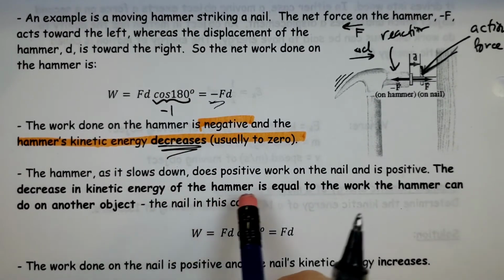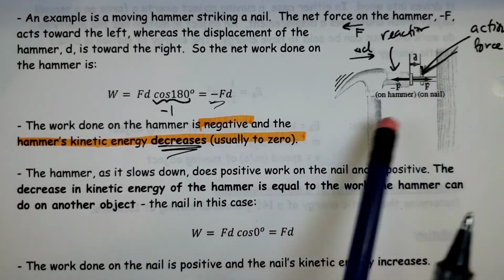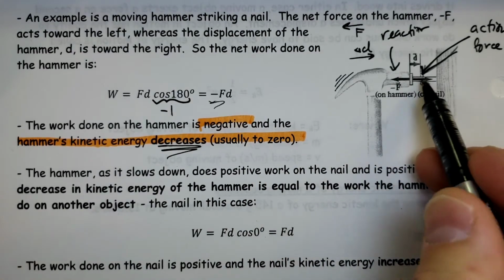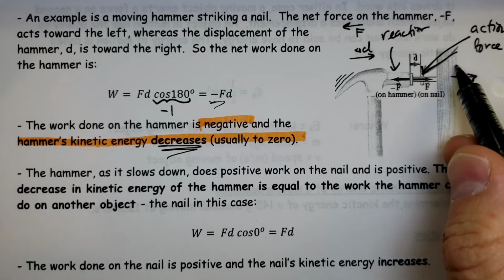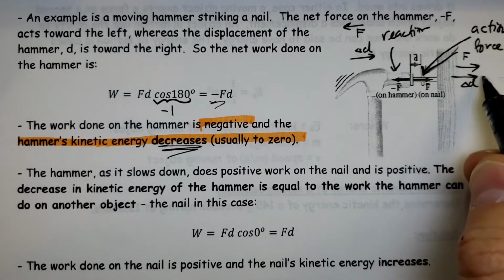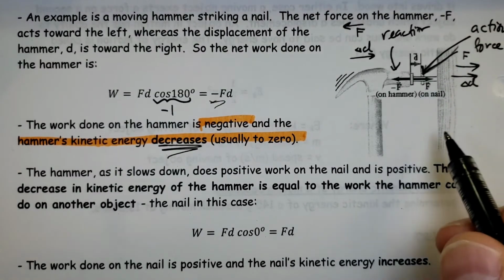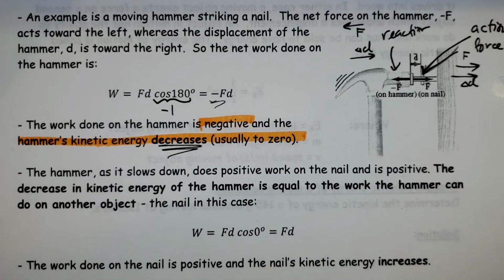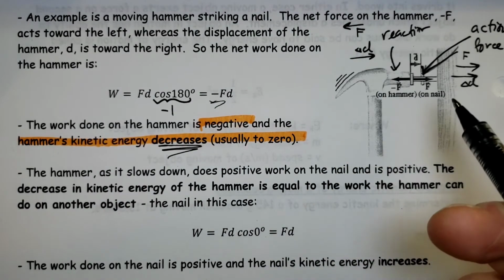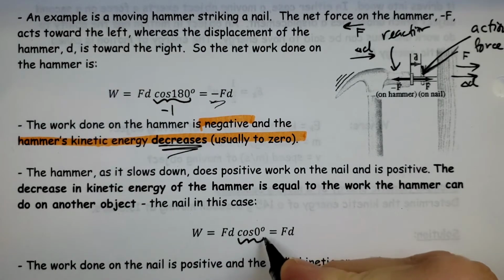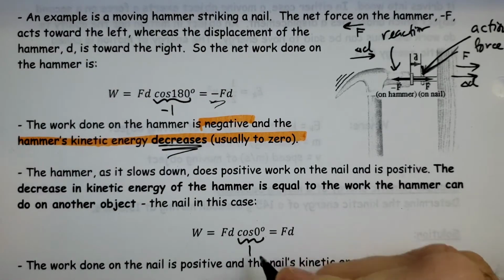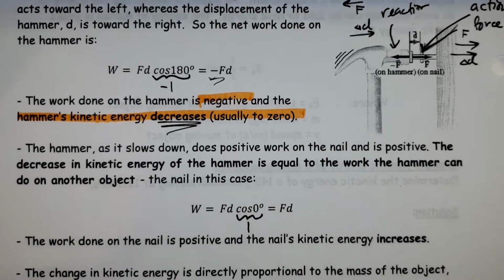The hammer, as it slows down, still does positive work on the nail, though, because the nail is going this way, and the hammer hit it in that same direction. Notice the F and D are in the same direction. So cos of theta, or cos of 0, is going to be 1. So W is equal to F times D, because cos of 0 is 1.